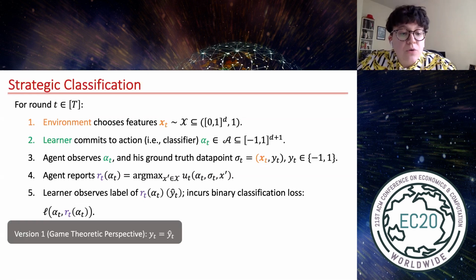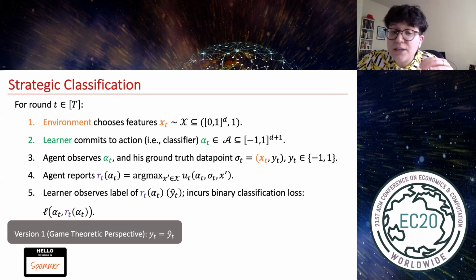And so there have been, as I said previously, two legs in this type of literature. On the one hand, people think of the game theoretic perspective, where the final label has to be equal to the original label, meaning that when you best respond as the agent, when you alter your data point, you are always unable to change the ground truth of the data point, or you don't want to. And why is this modeling assumption valid in a game theoretic setting?